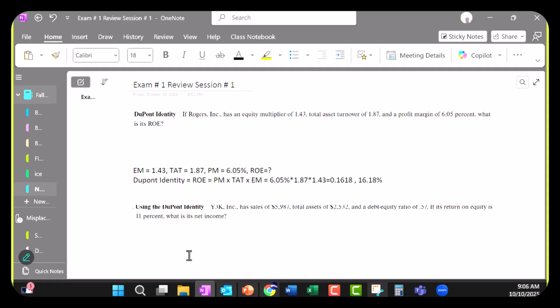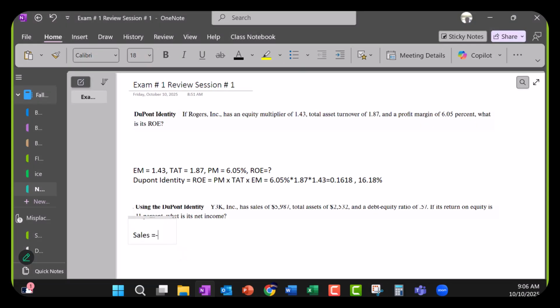All right. You know the sales, 5987. Total assets 4532. Debt equity ratio is 0.57, and I think ROE is 11%.